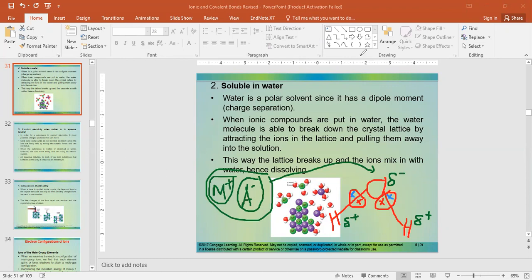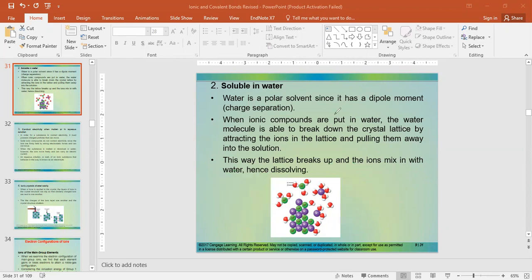And in that process, the interaction will cause the breakdown of the lattice. And when that happens, we have formation of an aqueous solution. So that's why we say that the lattice breaks up and the ions mix up in water, therefore dissolving. This is when we have the formation of an aqueous solution.